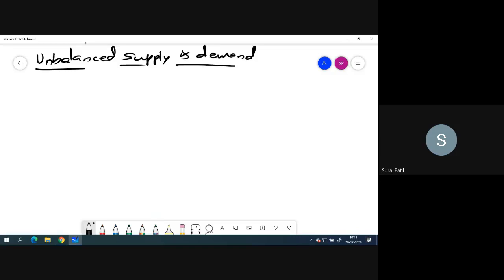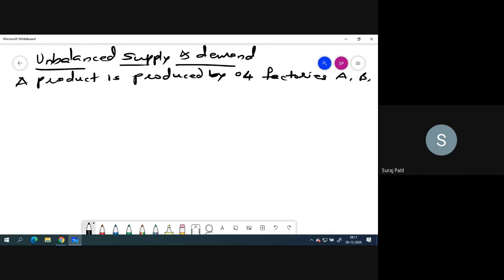A product is produced by 4 factories: A, B, C, and D.